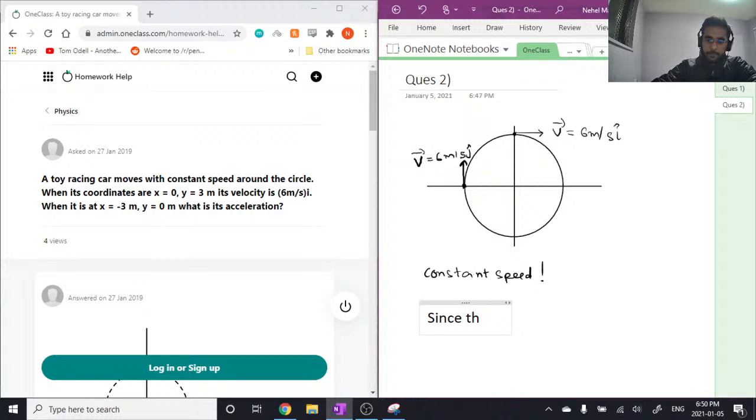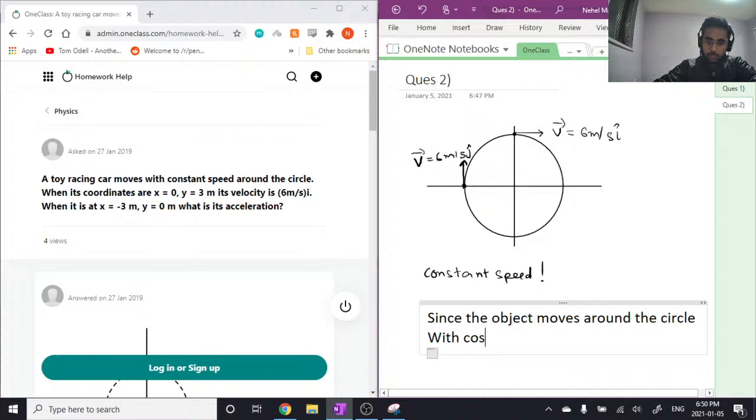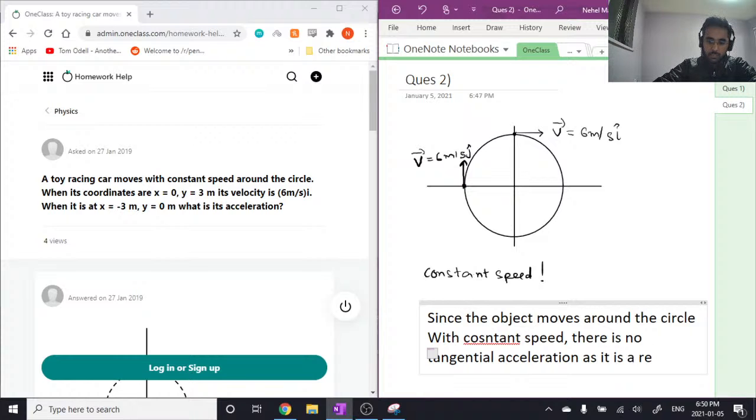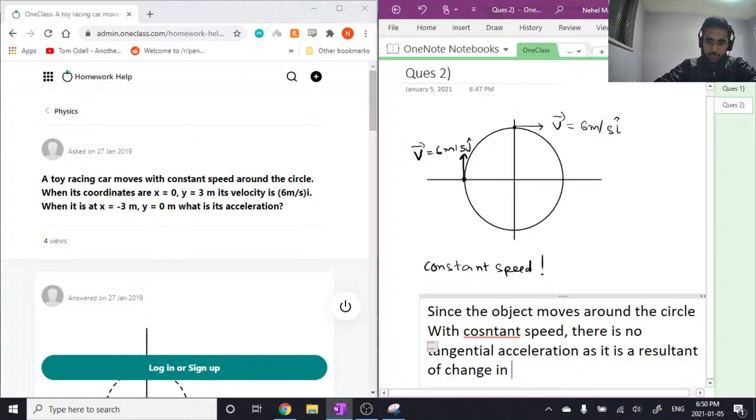Since the object moves around the circle with constant speed, there is no tangential acceleration, as it is a resultant of change in speed.